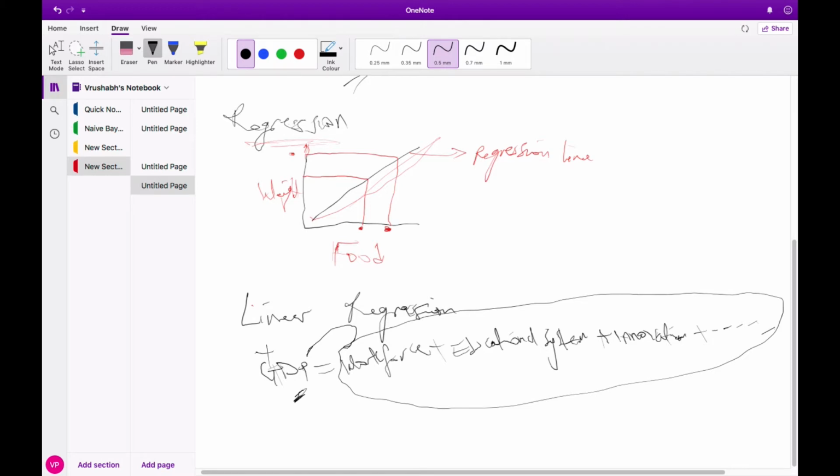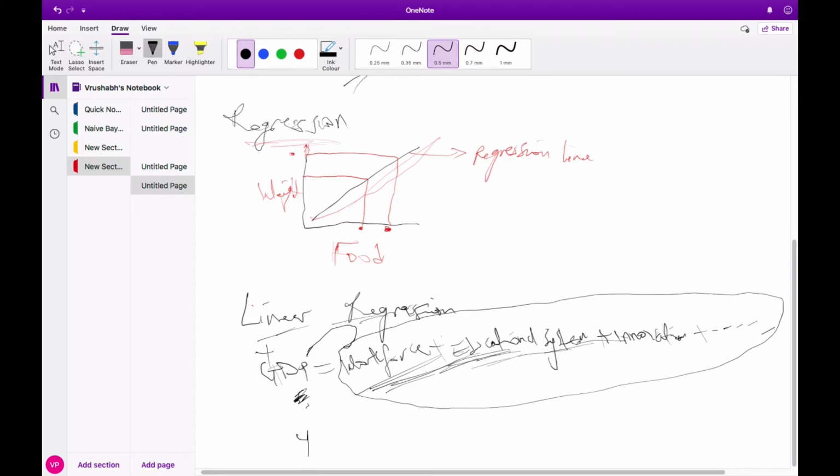We want to predict the GDP of a country based on these factors. So can we find a linear relationship between GDP and all these factors? In order to find this, that's when linear regression comes into play.